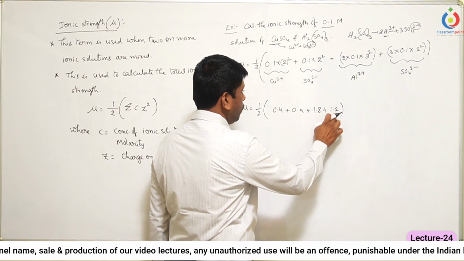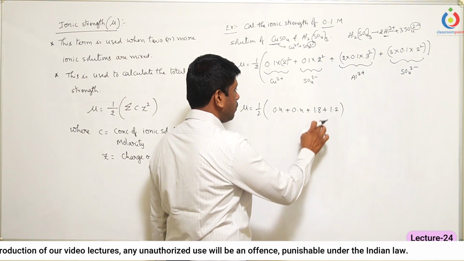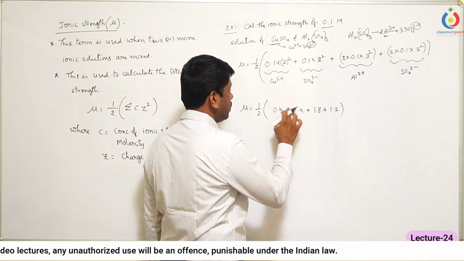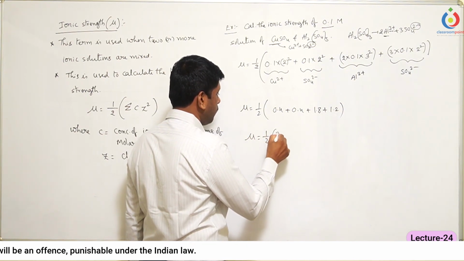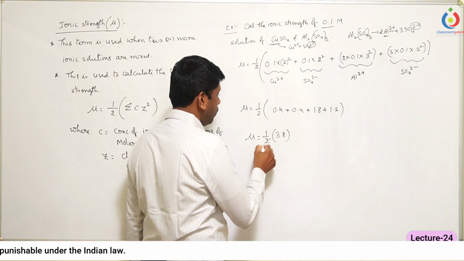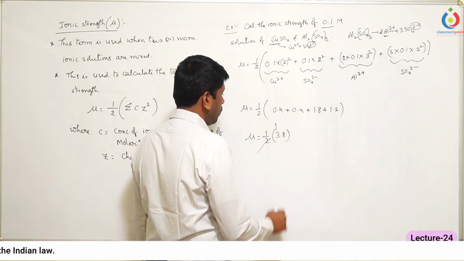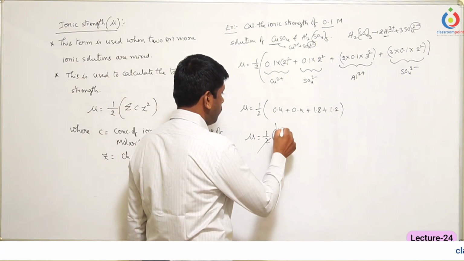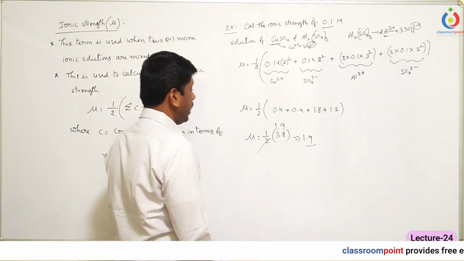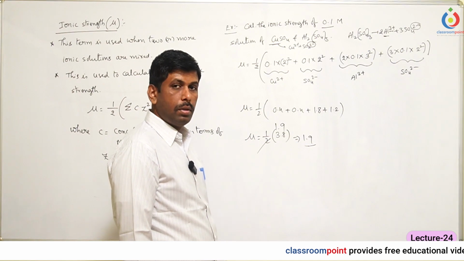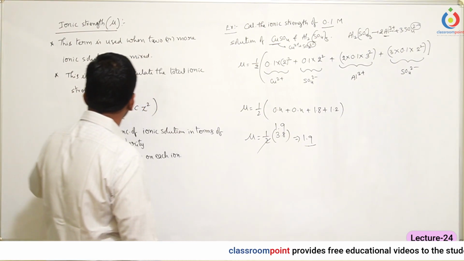So 1.2 and 1.8 value is equals to 3, 3 plus 0.8, 3.8. So that mu equals to half of 3.8, it is equals to 1.9. Let's solve one more question.